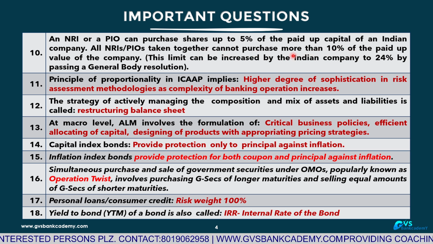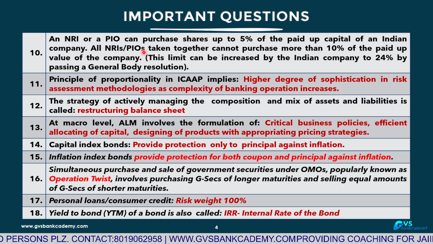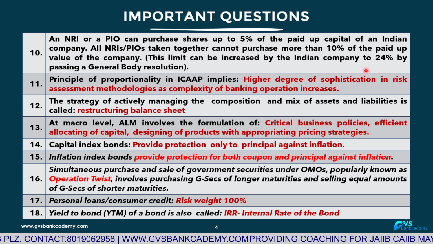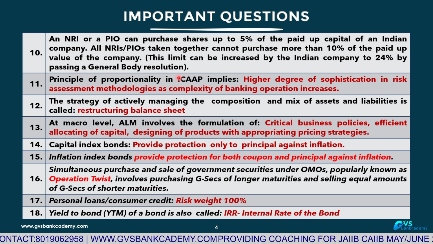They cannot purchase more than 10% of paid-up capital. If they want to purchase beyond 10%, up to 24%, shareholders' general body meeting permission is required.